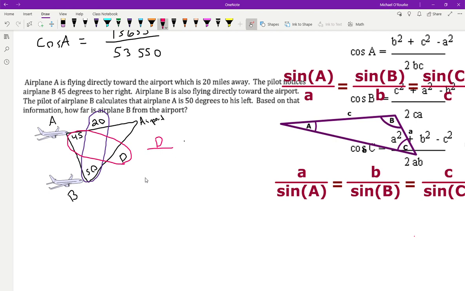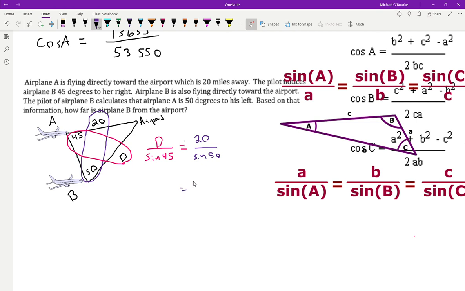Can you tell me what D's buddy is? Even though I have it written there, it's 45. So then below I write sine 45 equals, and then I put the other set of buddies. In this case, since I put a side on top first, I put a side on top this time. 20 over sine 50.